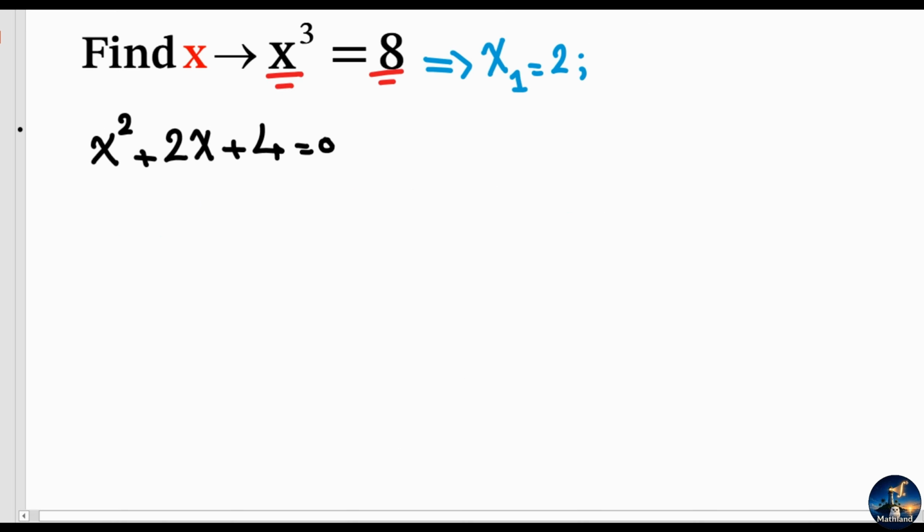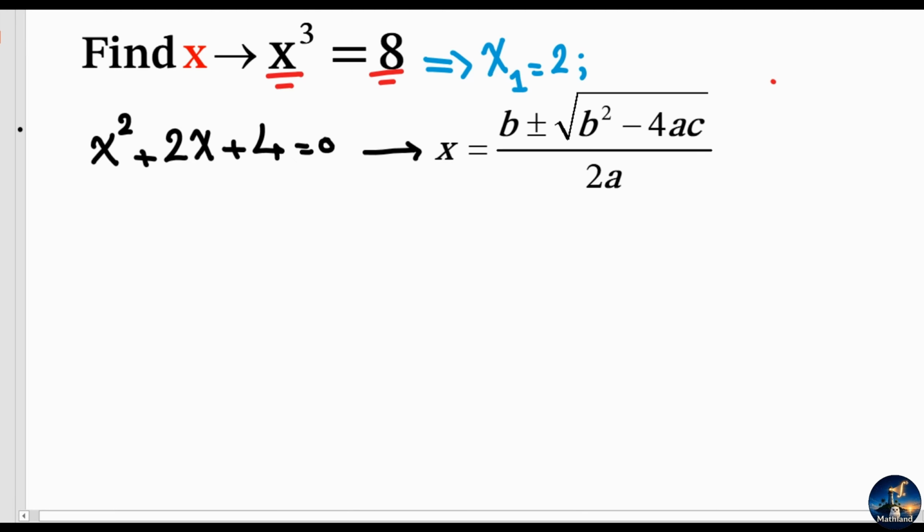We know that our first solution is x1 equals 2, and we have to find the other solutions from this quadratic equation. We can find all the solutions of this quadratic equation using the quadratic formula. For our equation, we can set a equals 1, b equals 2, and c equals 4.